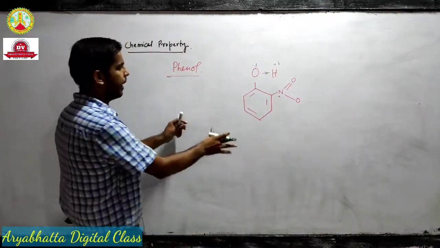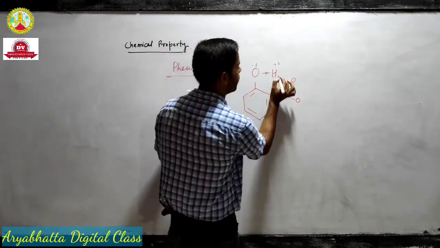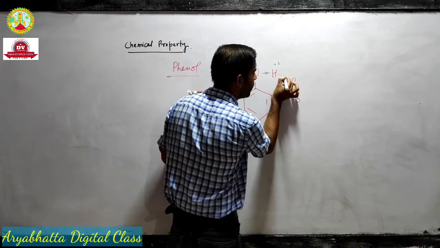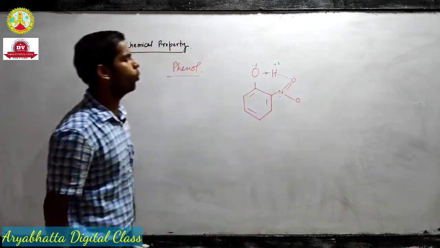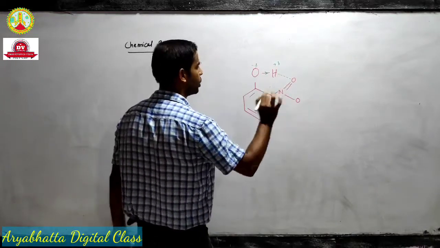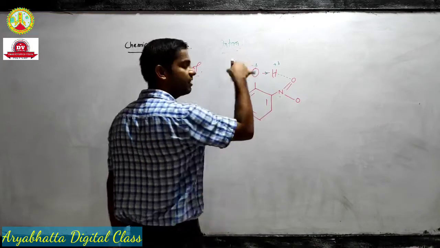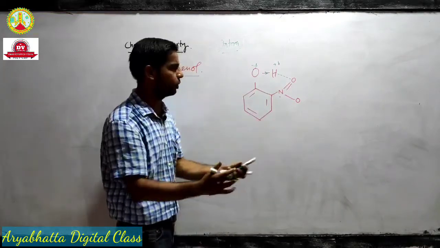Okay, and since the nitro and hydroxy group are very near to each other, a hydrogen bond will form between O and H. This is called intramolecular. Okay, intra, not inter, this is intramolecular, within the same molecule.